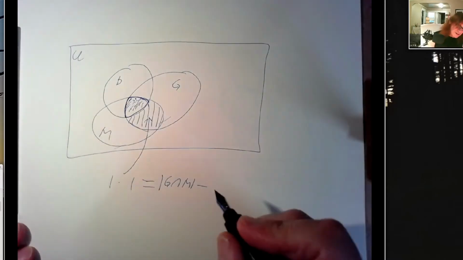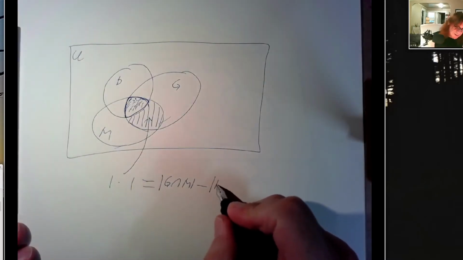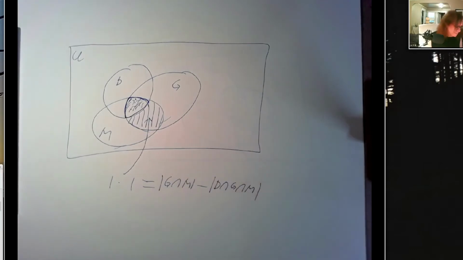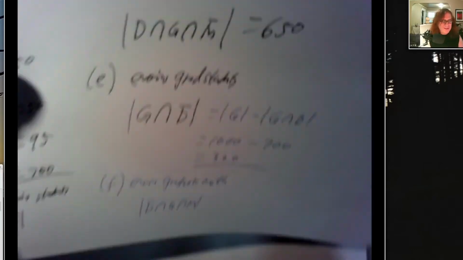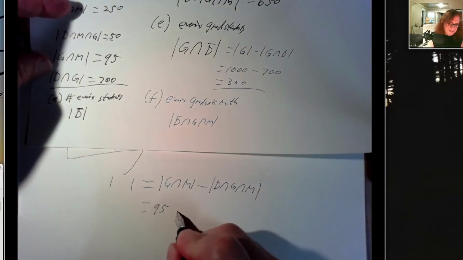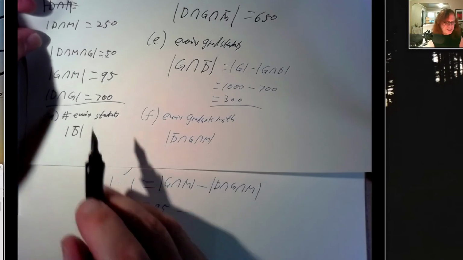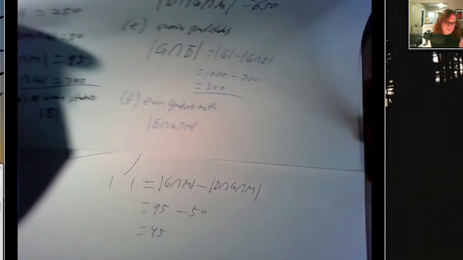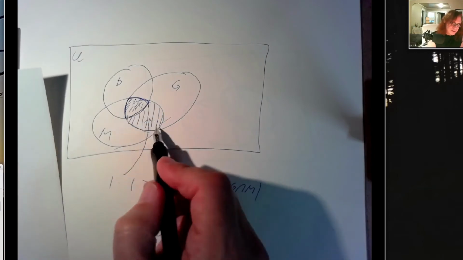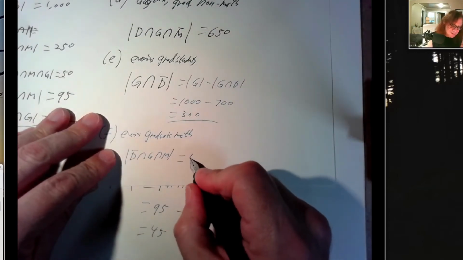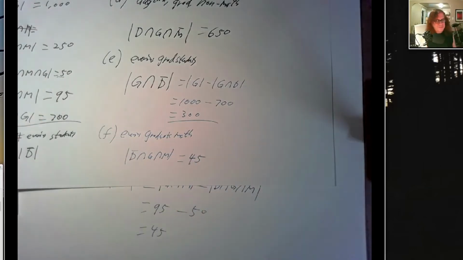And how many things are in there? It's just the number of things in D and G and M. Alright, and we have that data. The number of things in both G and M is 95. The number of things in D, G, and M is 50. And so this leaves 45 things in this piece over here. So the number of evening graduate math majors is 45.